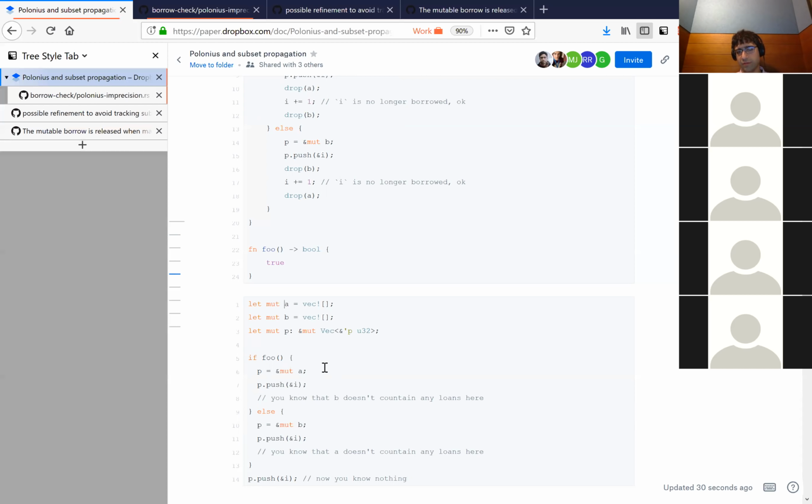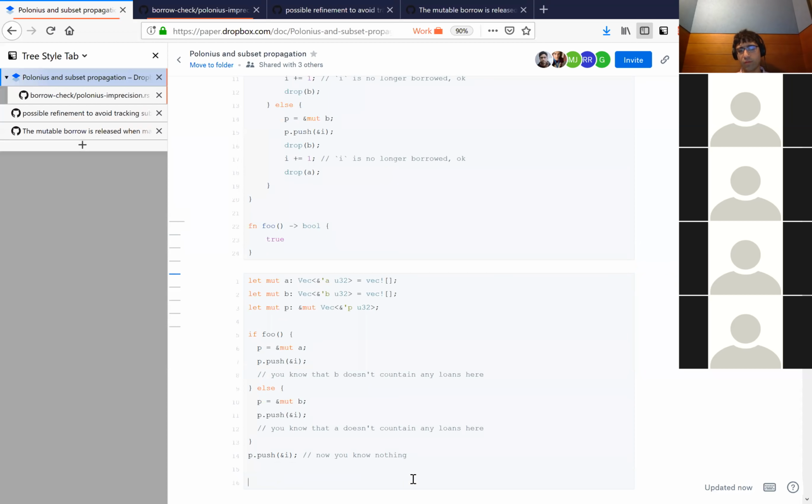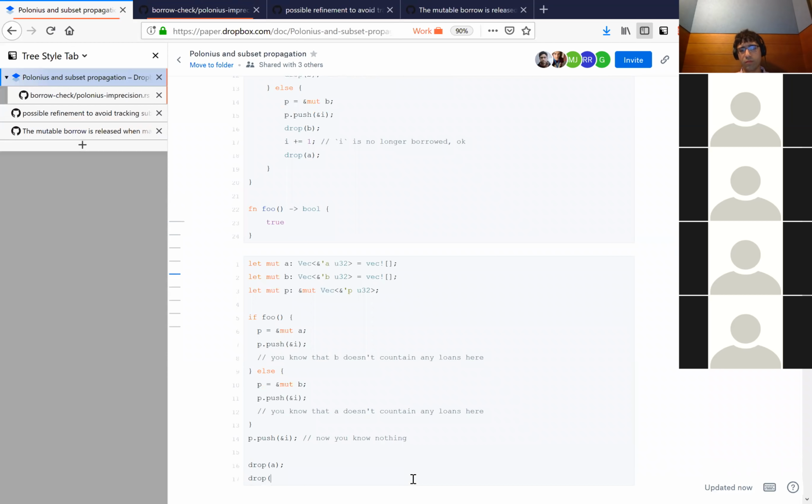What it's going to do is say that all of the loans that are in A are now in P as well. Same for B, and same for here. On the other side, it's going to be the same. But all the loans in tick B flow into the tick P.